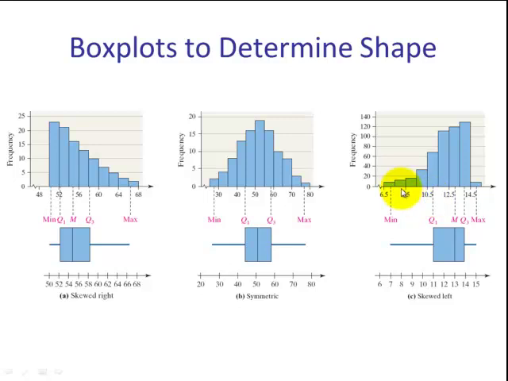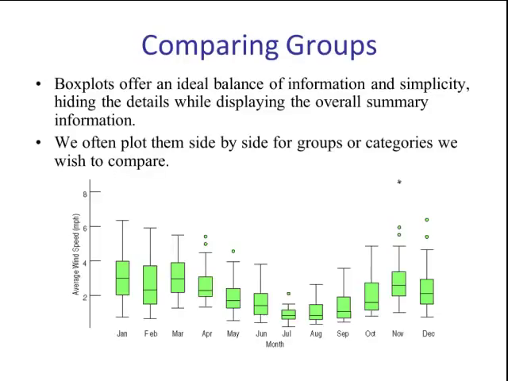And the last one, skewed left, we can see that here the left tail is longer than the right tail. So we have another tool to identify the shape of a distribution, and that's a box plot.